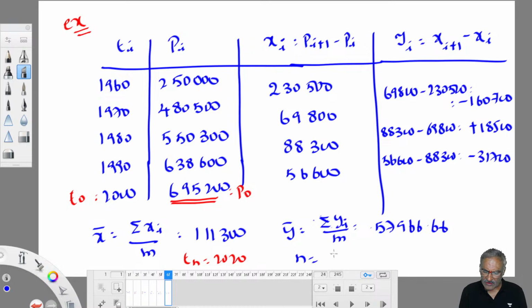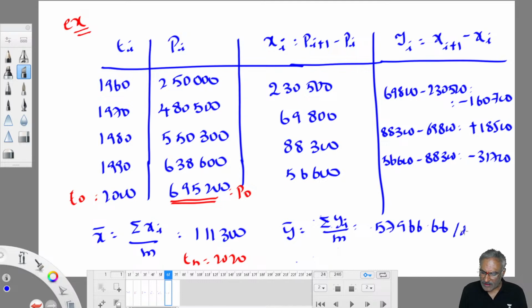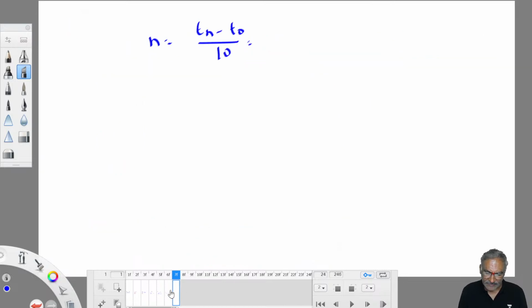Therefore n is equal to (Tn minus T naught) by 10. So you get the number of decades, because x bar and y bar we calculated both per decade, as population data is given per decade. So 2020 minus 2000 by 10.